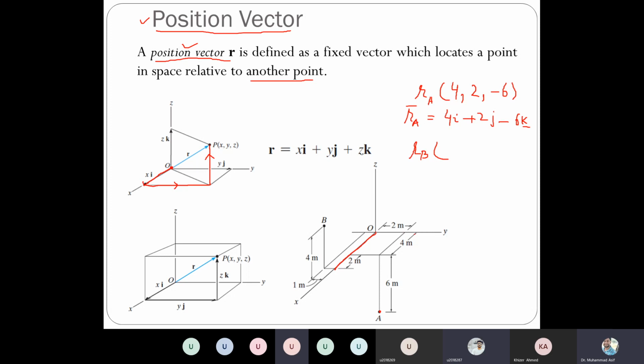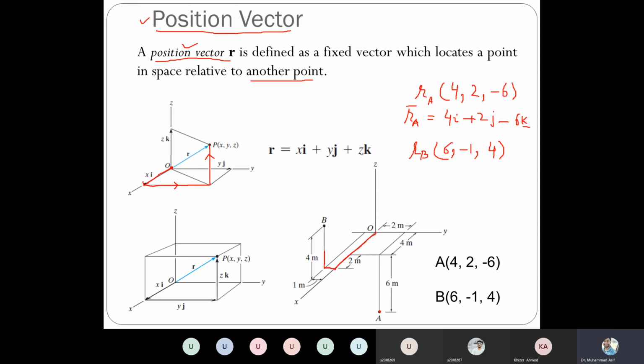I mean 4 plus 2, 6. And then we have to move in the negative y direction. How much in the negative y direction? 1. And then in the positive k direction 4. So the coordinates of point B will be 6i, minus 1j, and plus 4k. So that will be the position of point B, right?